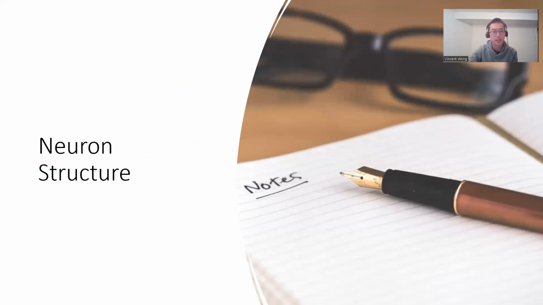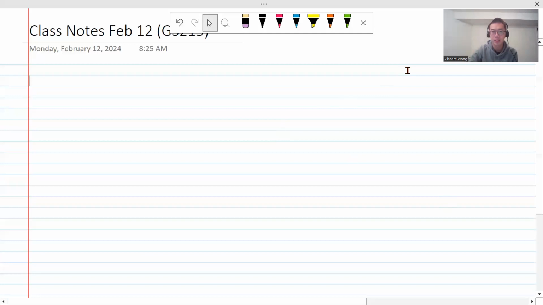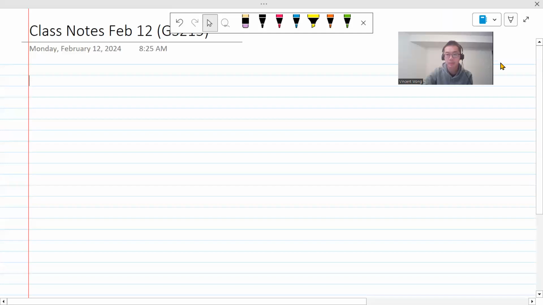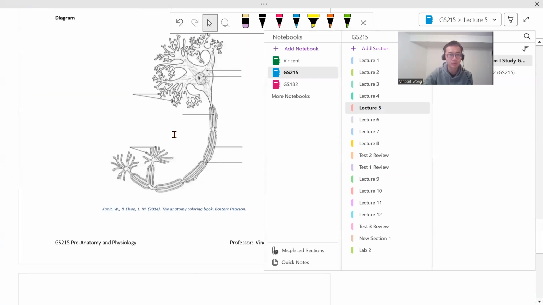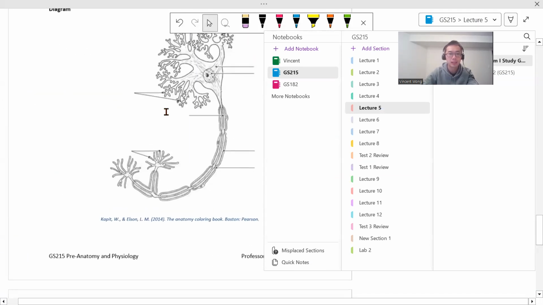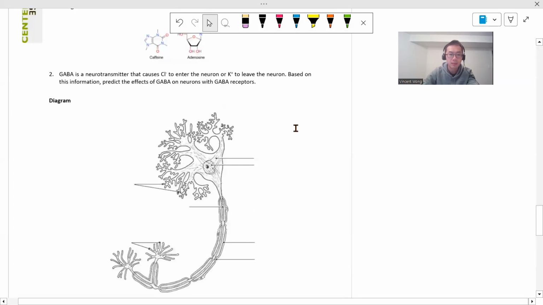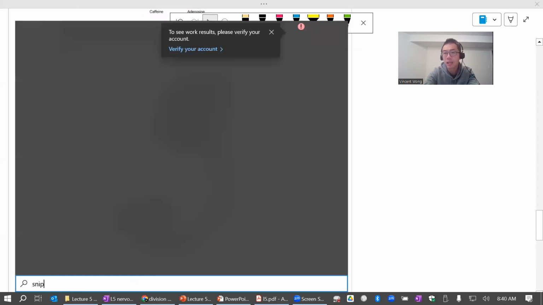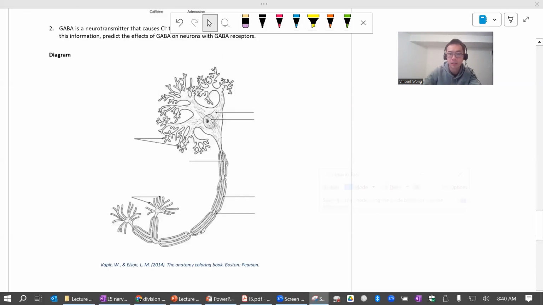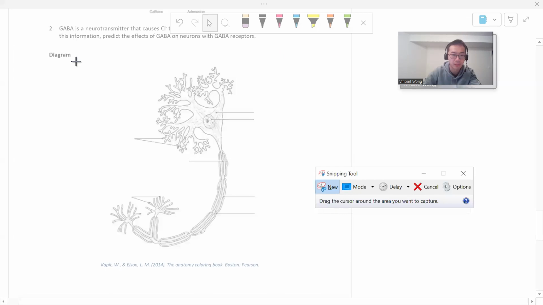Let's go ahead and talk about the structure of a neuron. In your study guide, there is a picture. I want you to find this one. I'm just going to copy it to the class notes so I have it all on the same page, and then I can export it at the end of class for you to see.